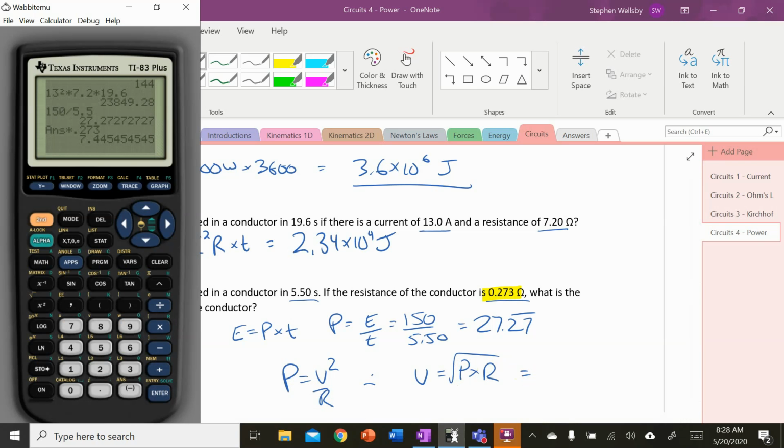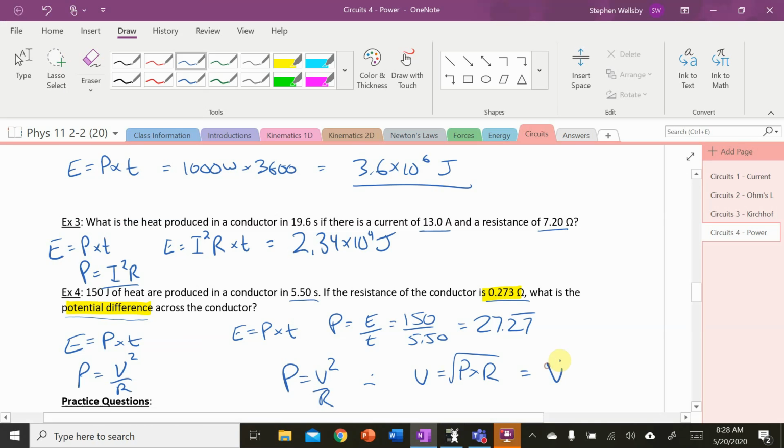That gives me the V squared value. I'm then going to square root this answer, and that's going to give me my V. So V equals 2.73 volts.